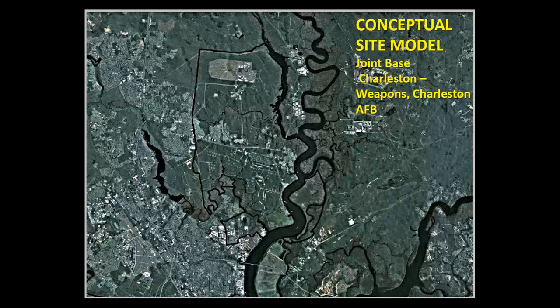To give you a little background on the base, Joint Base Charleston consists of Charleston Air Force Base and Charleston Naval Weapons Station. Obviously, these were operated separately since one is a Navy base and the other is an Air Force base. But there's been a recent move to reduce costs, so they've come up with this concept of joint bases.